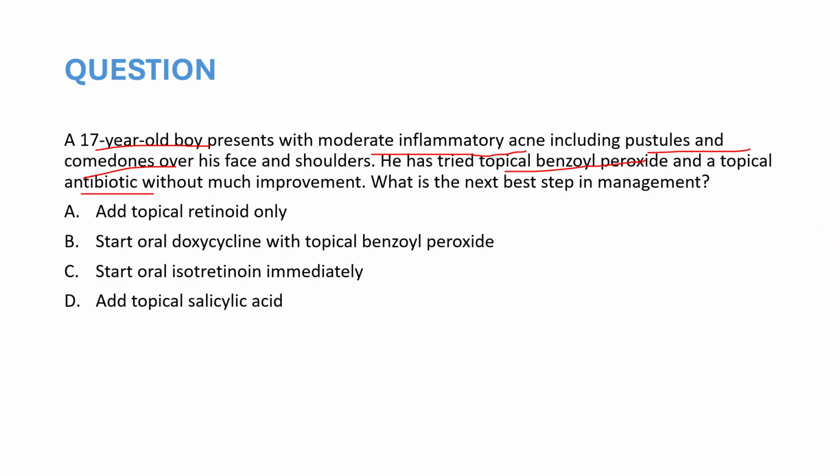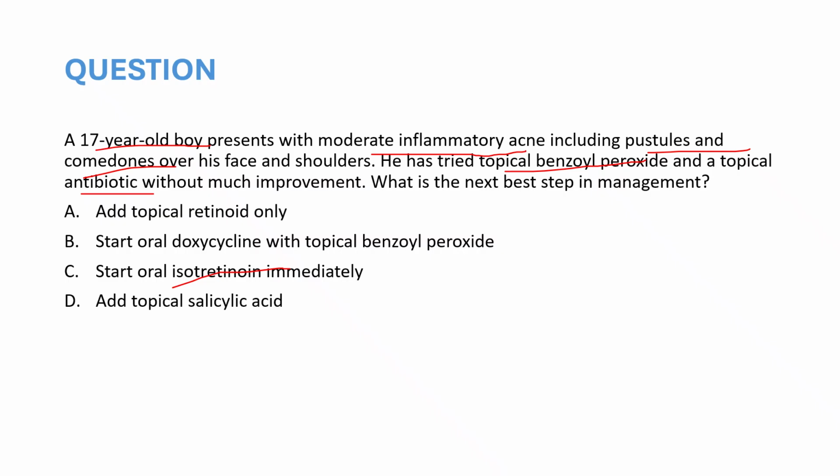Oral retinoid, which is isotretinoin, is the last resort because it has its own complications. It's teratogenic. You have to give OCPs to the patient who is taking isotretinoin. You have to counsel them to not get pregnant because it can have teratogenic effects. So these are the kinds of treatments we have.